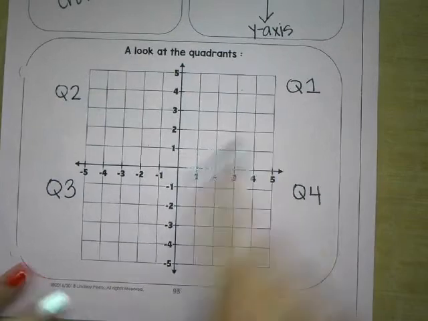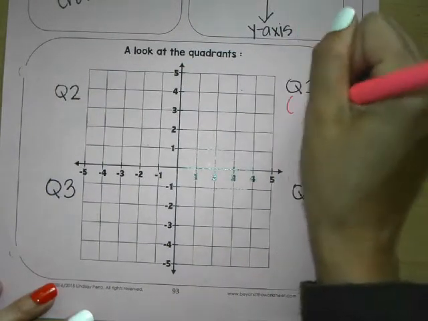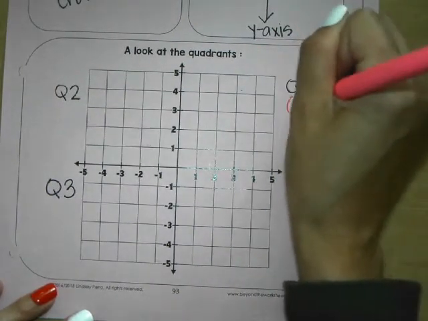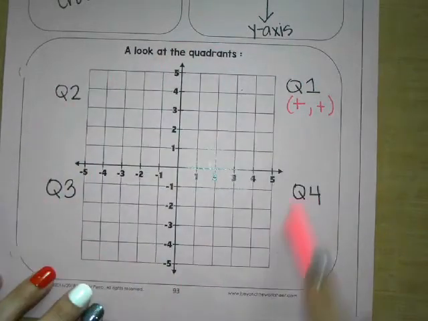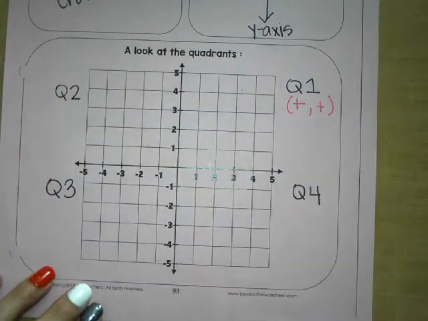Quadrant 1 is always what type of numbers? They are both positive numbers. So if you can remember that quadrant 1 always starts with both positive numbers, and then it goes what direction from there? Well, I know, but like, does anyone know what direction this is called? Counterclockwise.